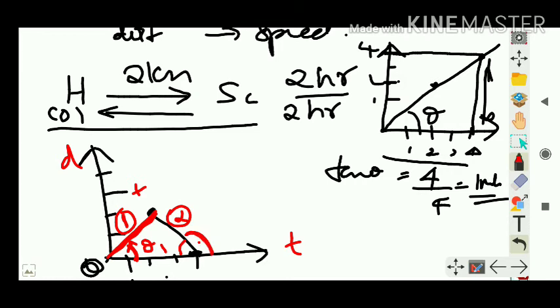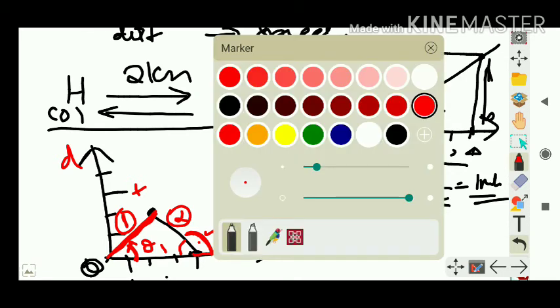Whenever you're considering the slope, you have to consider the right side angle of that slope. The angle is calculated from the straight line, the horizontal.